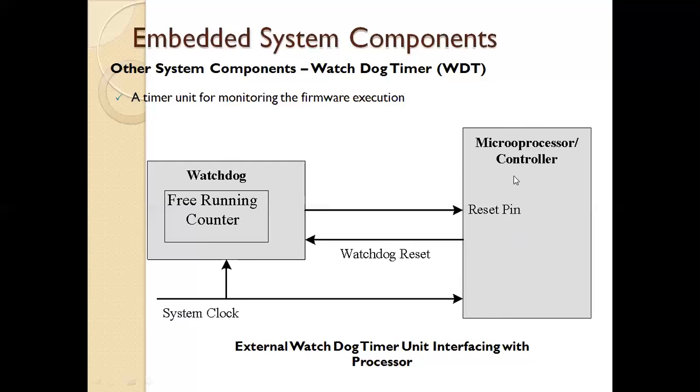If any problem exists in the firmware, the processor will signal the watchdog that something has happened in the software. Then it will count again on the free running counter, either incrementing or decrementing, and again it goes to the reset pin, and the process is reset to the starting point. That is the watchdog timer.